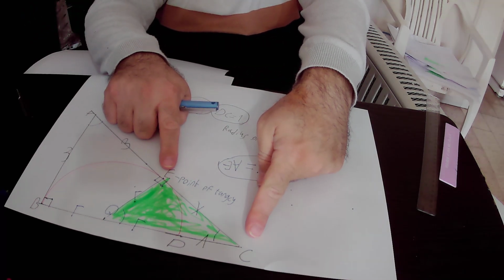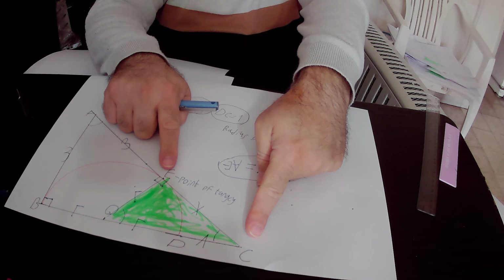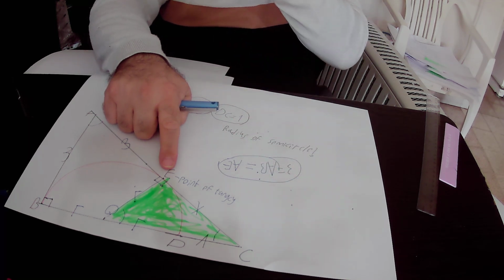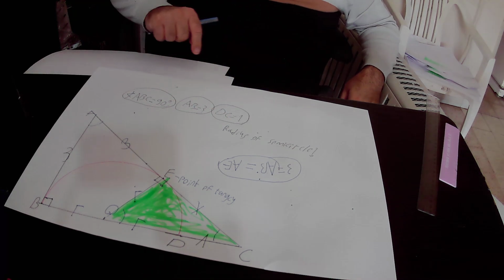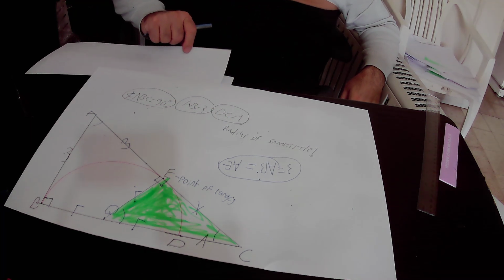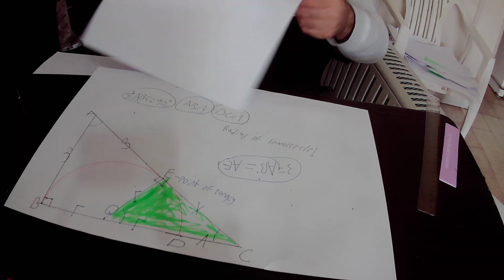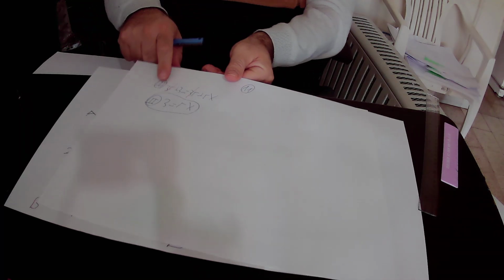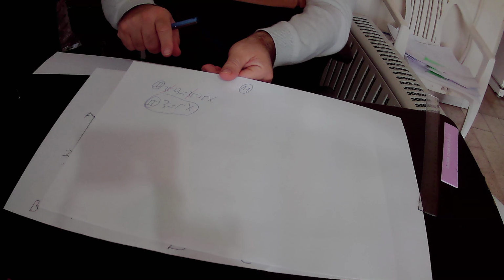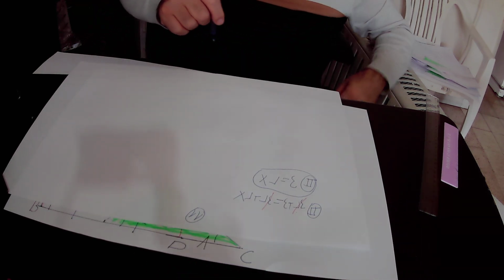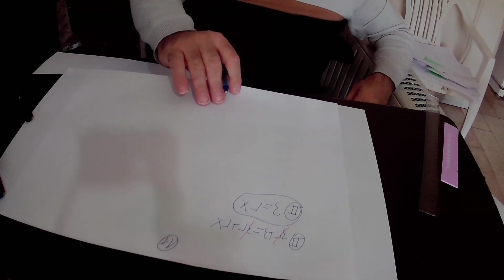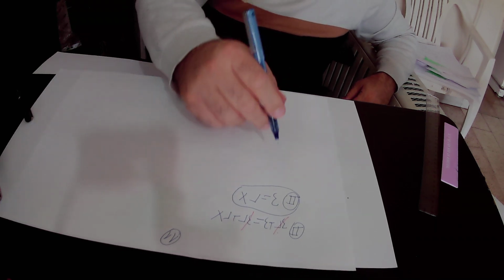EC is one side of the green triangle, and the side of a triangle must be a positive number. It can never be 0. Therefore, it is allowable to divide this equation by X, because X can never be 0. It's the side of the triangle, X can never be 0.